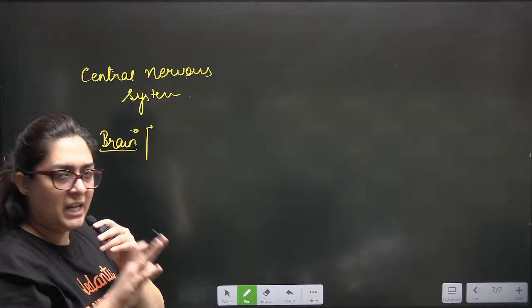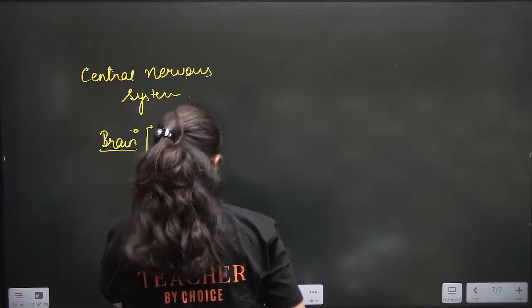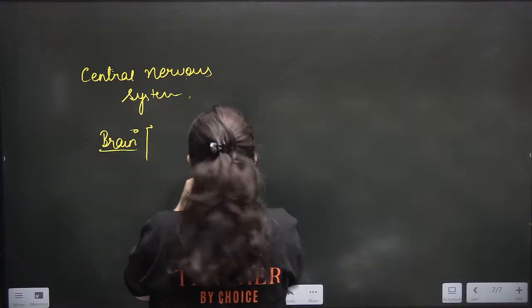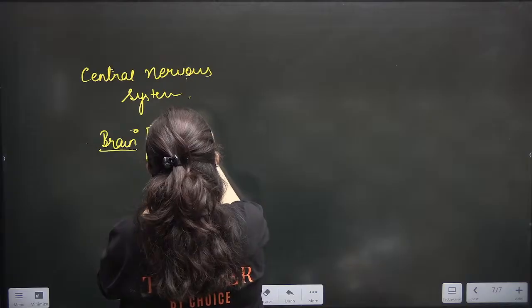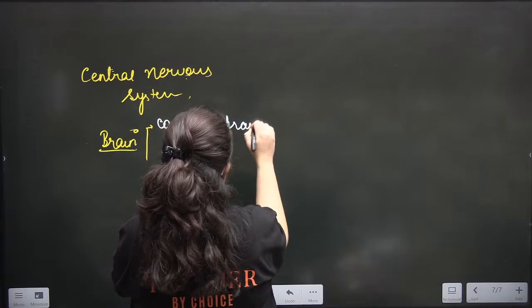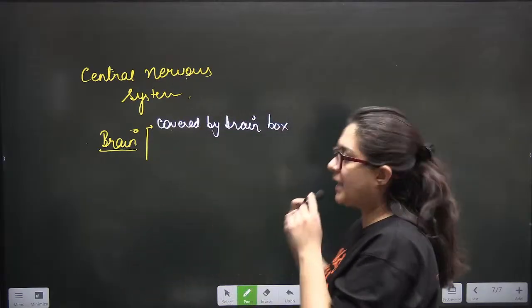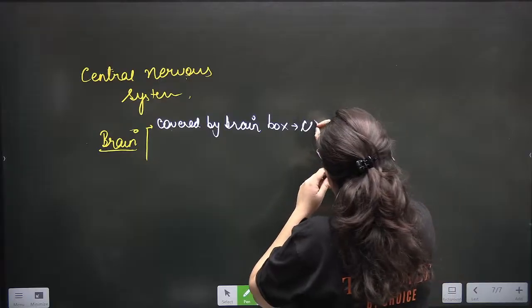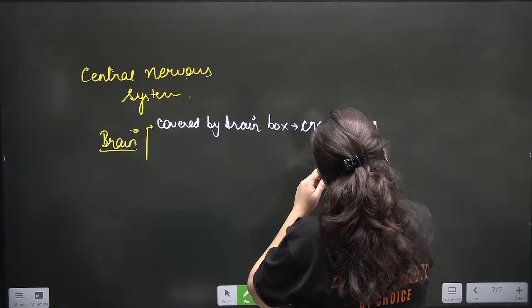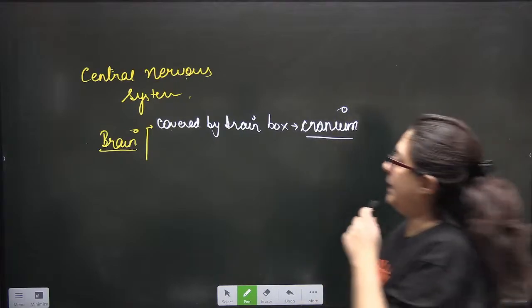The brain is covered by the brain box, which is called the cranium. That's why the nerves arising from it are cranial nerves.